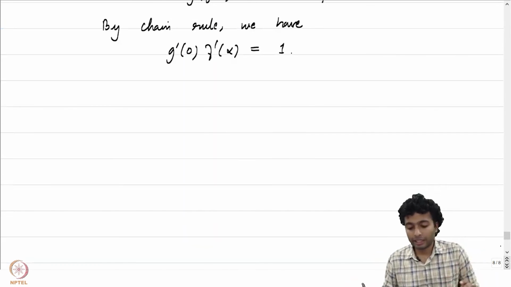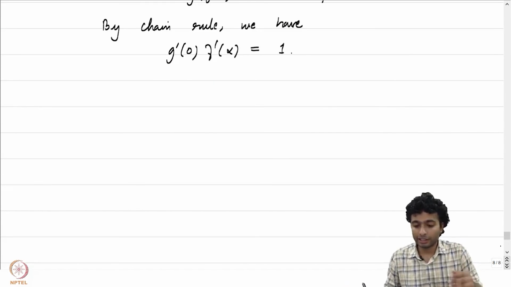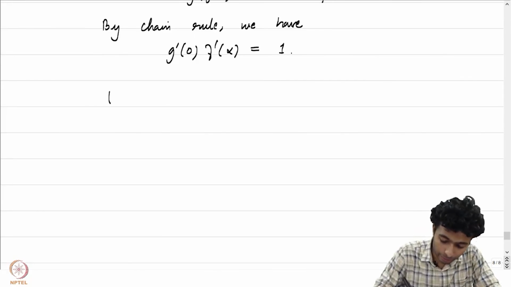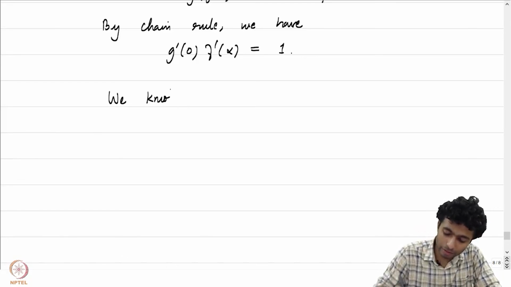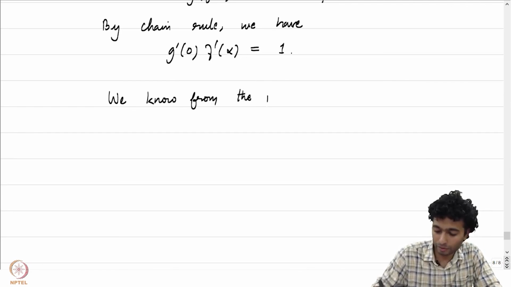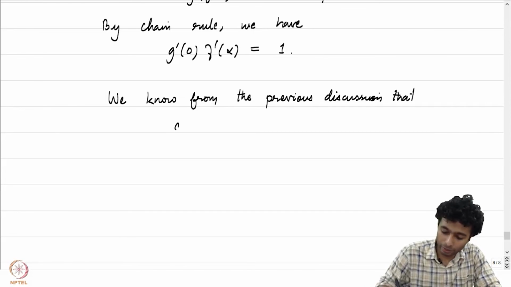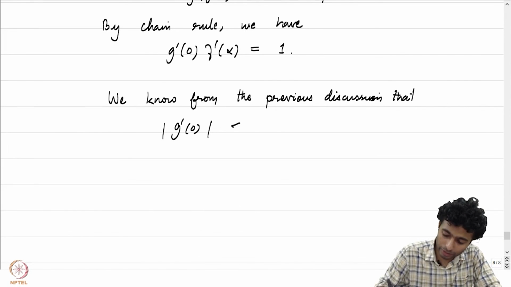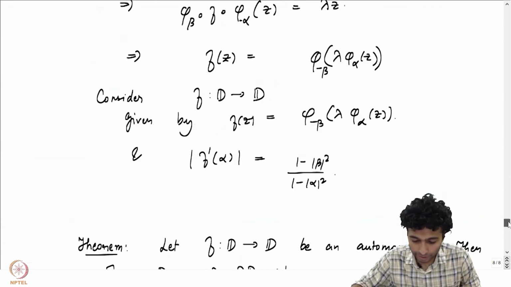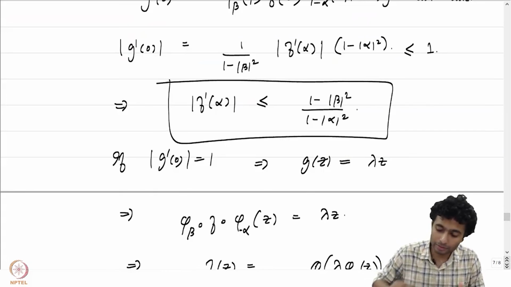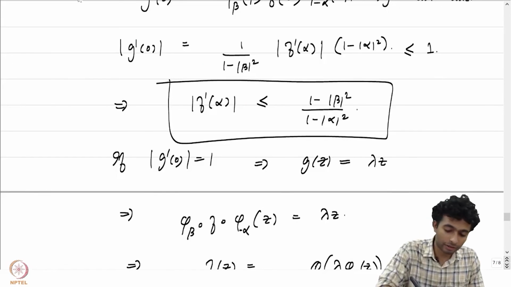But we know that the functions f and g have a maximum for the derivative, isn't it? We know by our previous discussion that |g'(0)| is less than or equal to, let's just go up and check what we had concluded, (1 - |β|²)/(1 - |α|²).